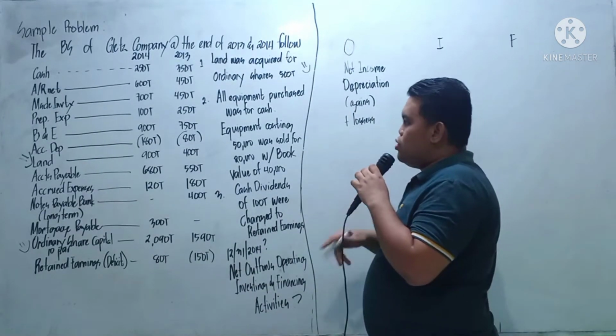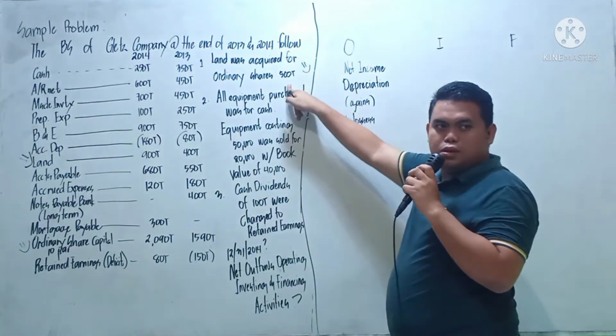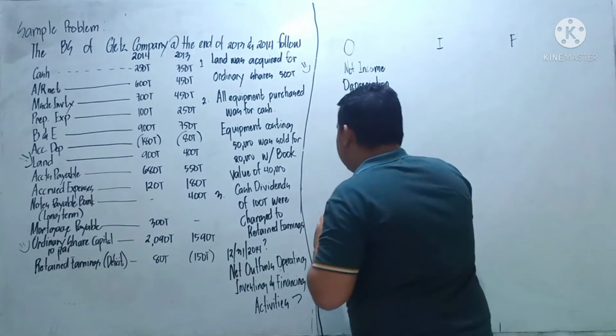You already know what happened to the land and the ordinary shares because of this. Right? Now, you go to number 2.